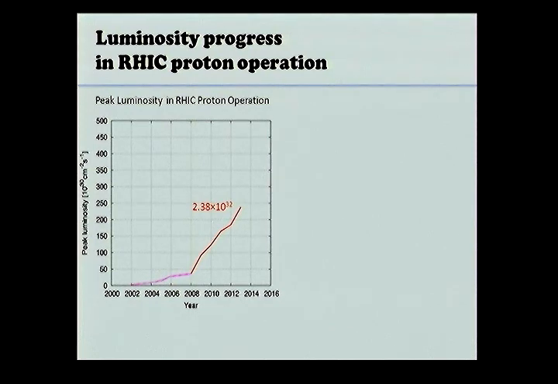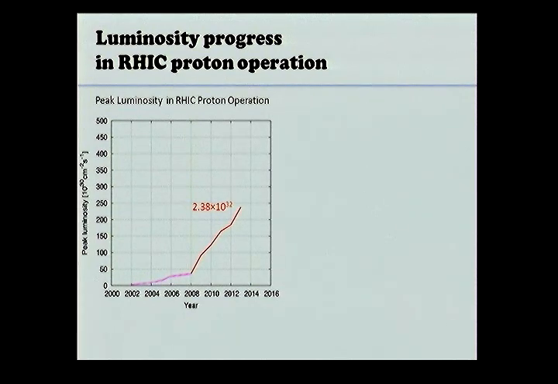Vertical is the peak luminosity in units of 10^30 inverse centimeter squared per second. The pink curve shows the peak luminosity from the 100 GeV condition, and the red curve shows the peak luminosity from the 250 GeV condition.